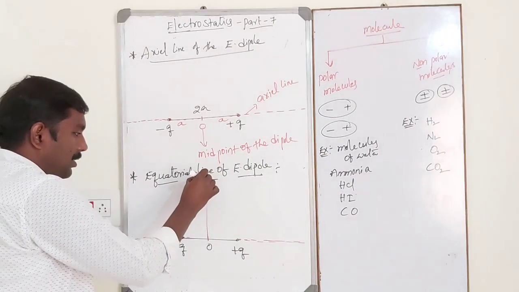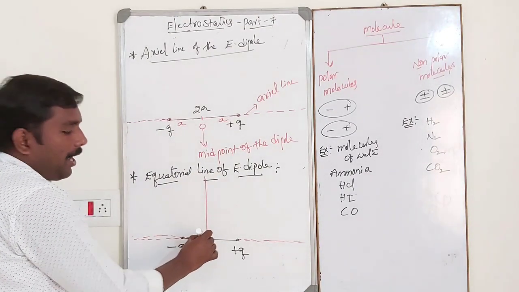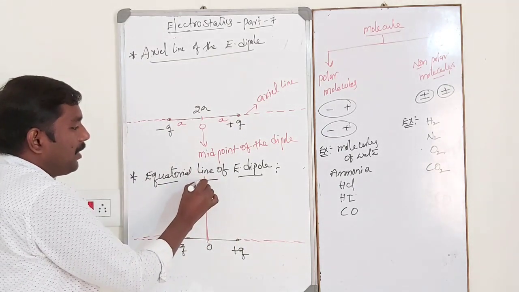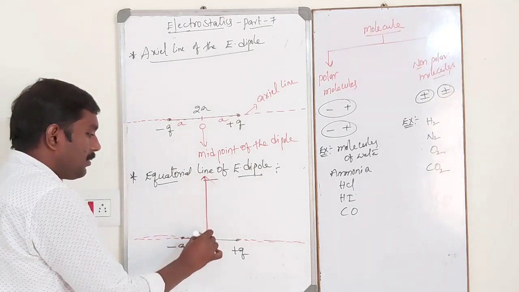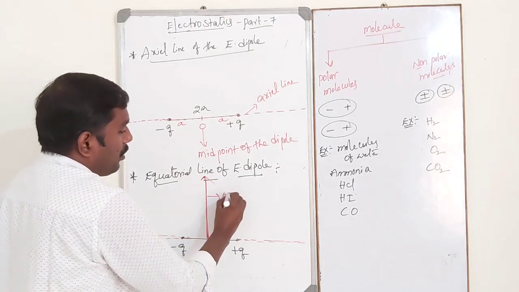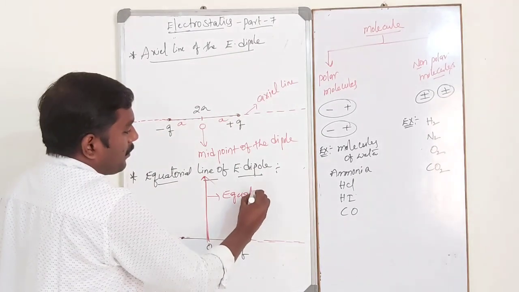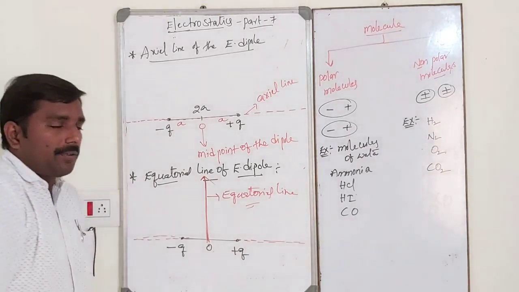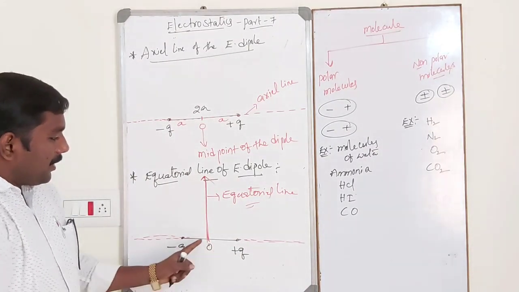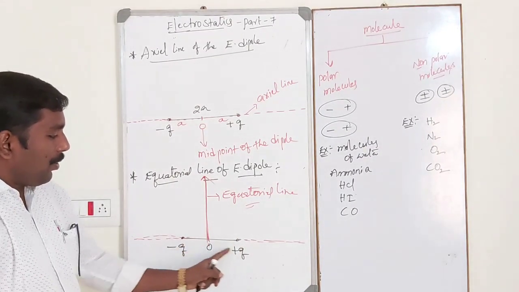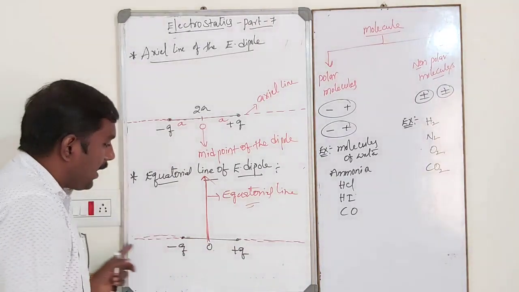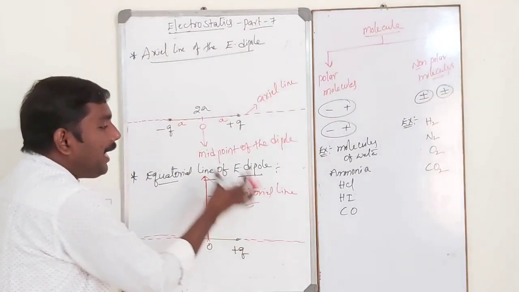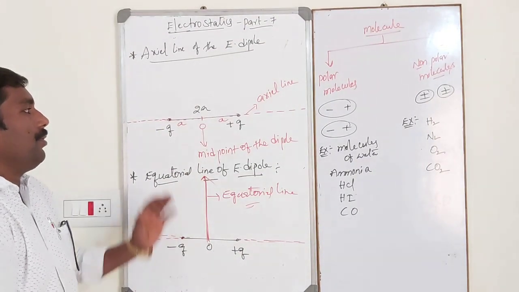Dear student, this is the equatorial line. Very most important. Equatorial line of the dipole: the line passing through the center of the dipole and perpendicular to the axial line is called equatorial line of the dipole.